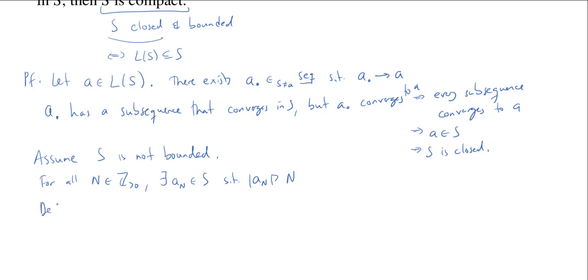So define a dot equal to this a sub n that we're building, where we start when n is at least 1. Everything in here is an element of S, and we know each of these is at least in absolute value bigger than the index n. So this is an S sequence.